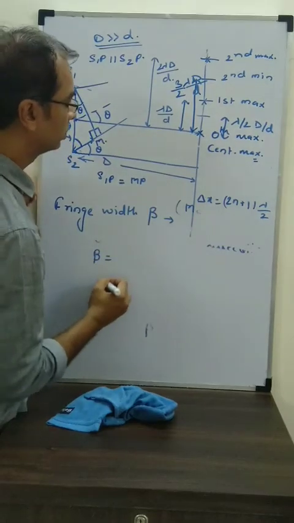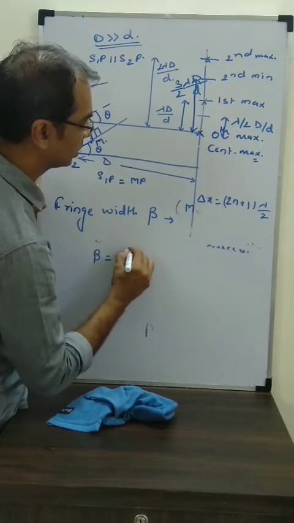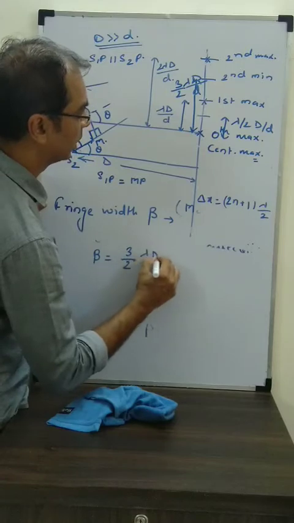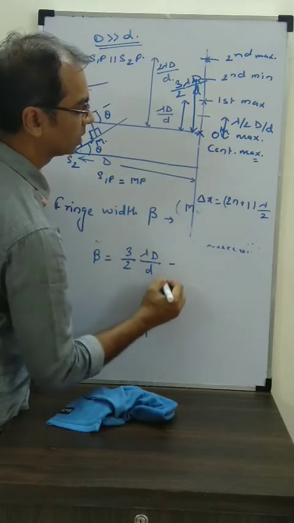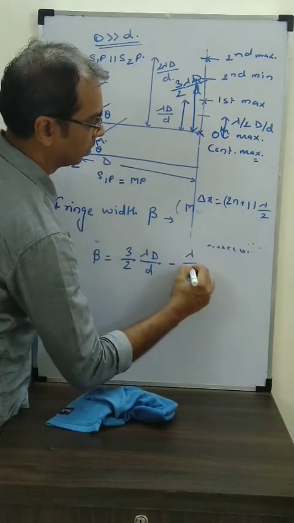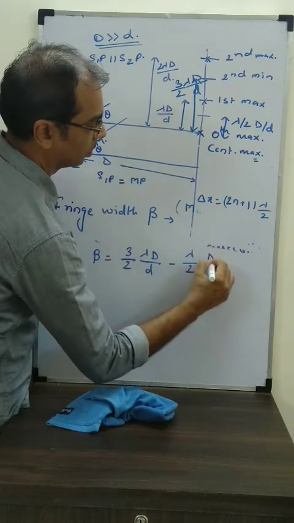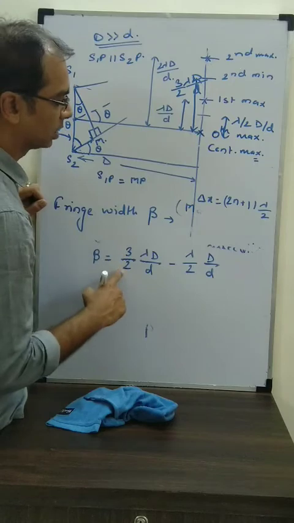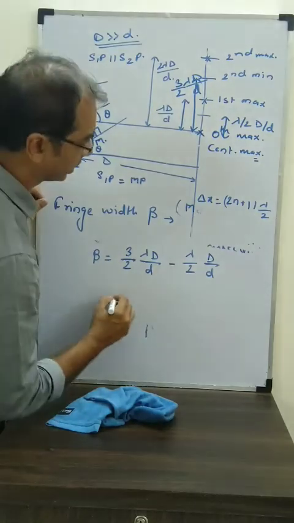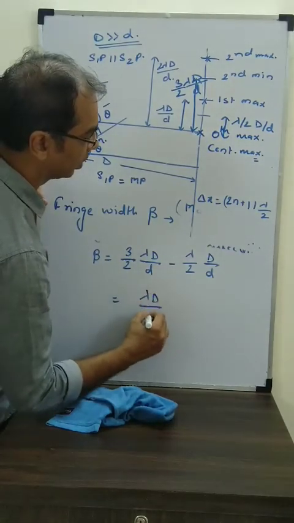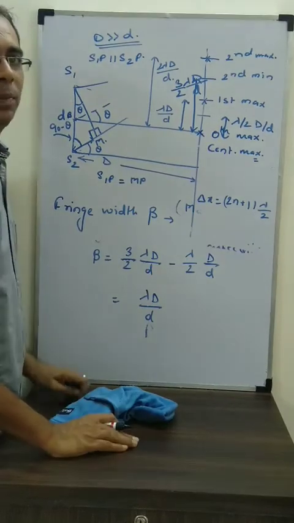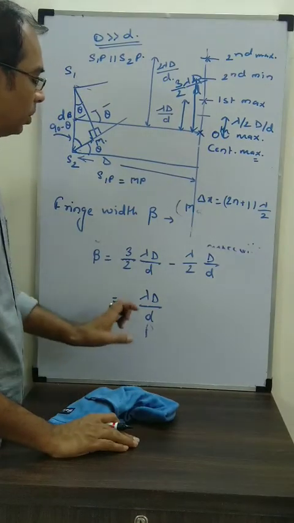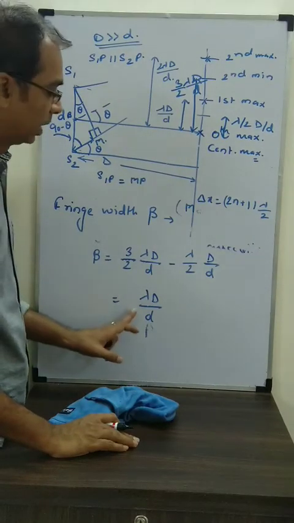Beta equal to second minima's position, which is 3 by 2 lambda D by d, minus first minima, which is lambda by 2 D by d. Check what's coming over here. This is 3 by 2, this is 1 by 2. Answer is again lambda D by d. So the gap between two consecutive maxima or minima is called fringe width and its value is lambda D by d.